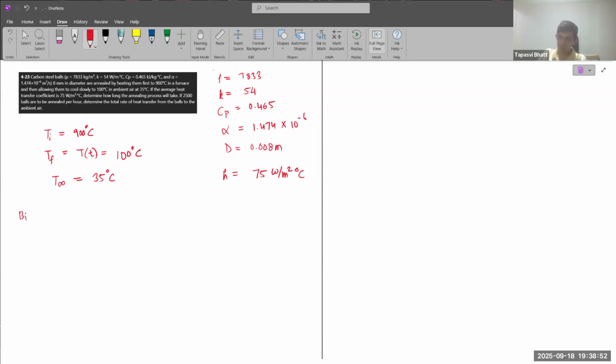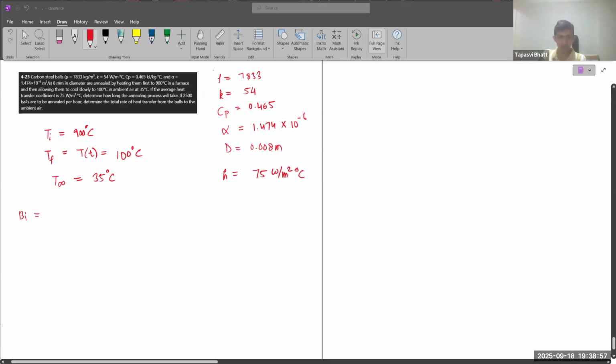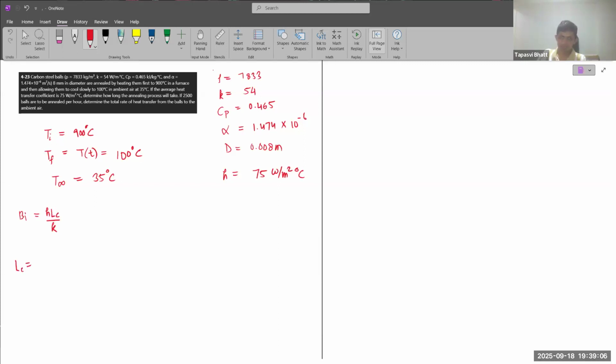So we have to calculate the Biot number again. What is the Biot number? Biot number is h Lc over k. What is Lc? Lc is V over As, which is, again, this is a sphere, so R over 3, which is 0.004 over 3, which is 0.0013 meters.